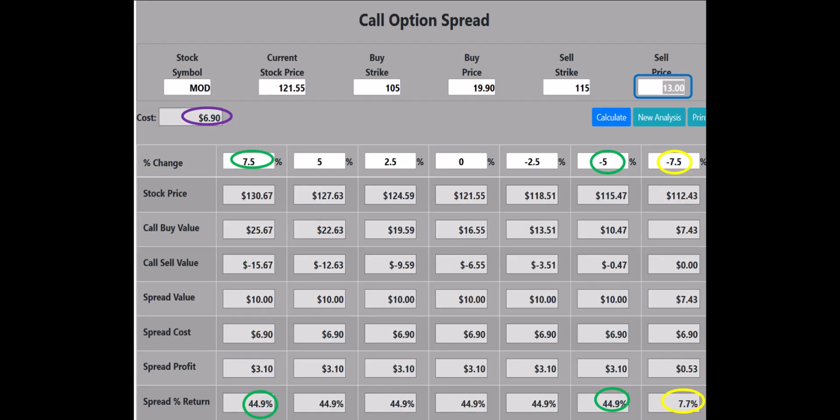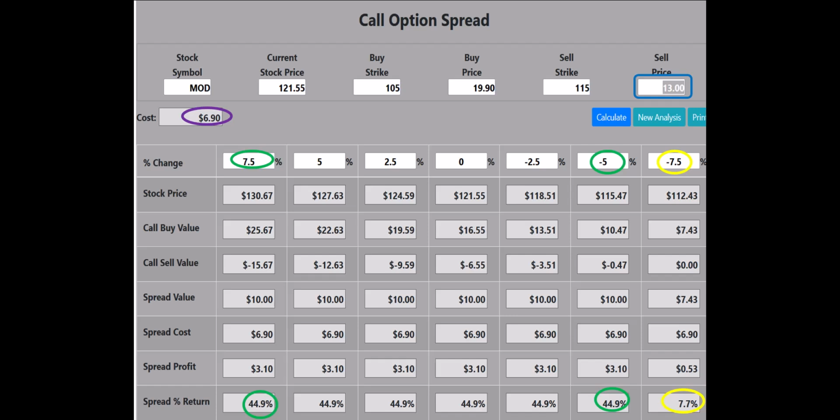The call option spread analysis calculator picture shows that the spread will make a 44.9% or $310 profit if the MOD stock price declines by 5%, remains flat, or increases in price when the options expire. If MOD is down 7.5% at expiration, the trade will make 7.7% or $53.